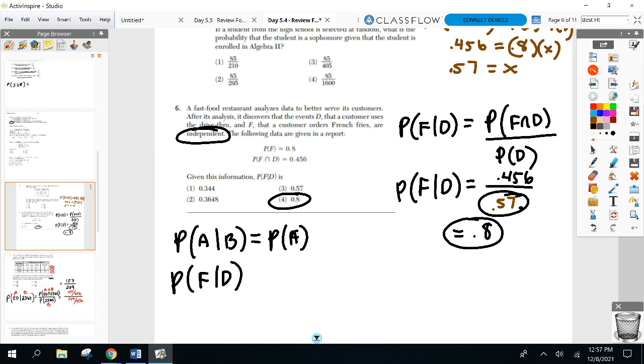If they're independent, which they are, this should be equal to the probability of F. What did it tell you in the problem? 0.8, right? So that must mean F given D is also 0.8. Not needed, we figured it out algebraically another way, but if we saw that they are independent and knew one of the tests, we would have been a little bit quicker.